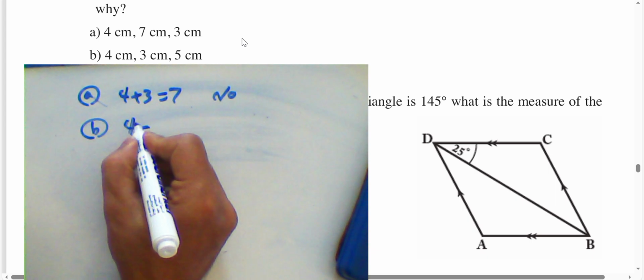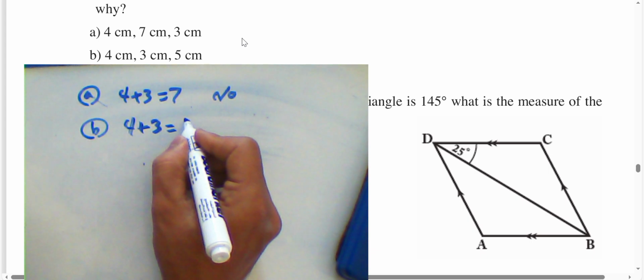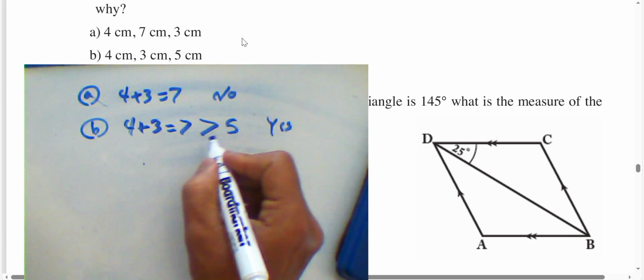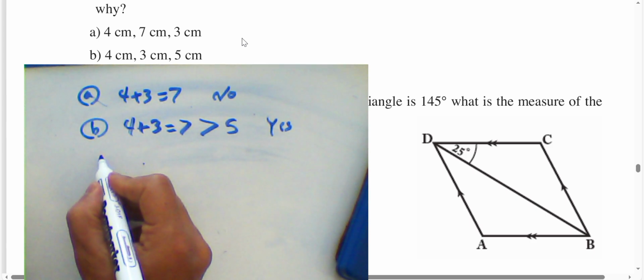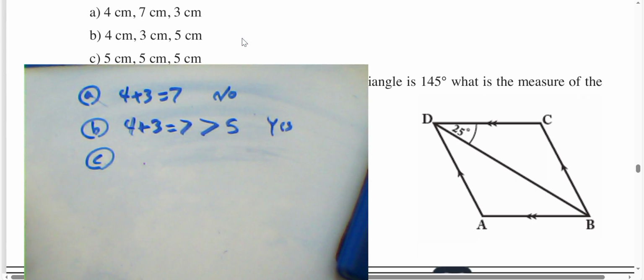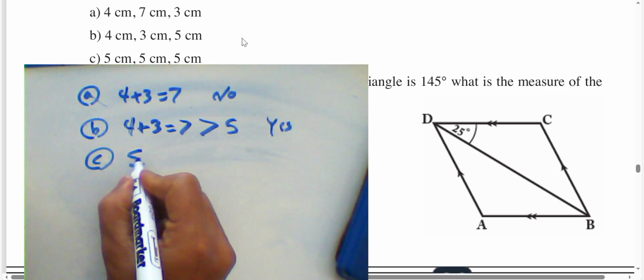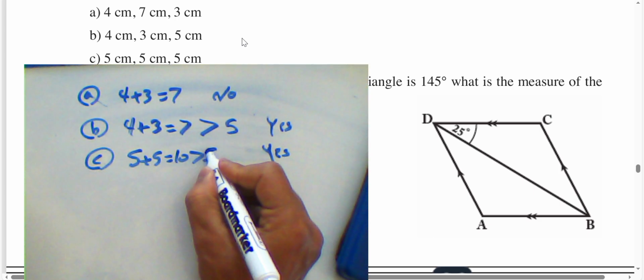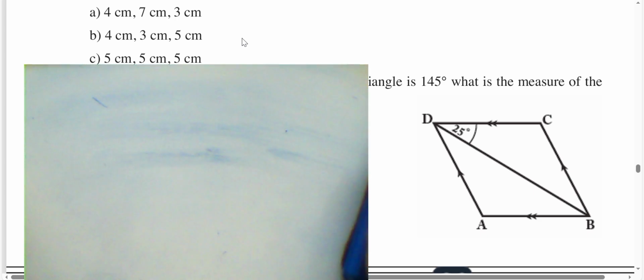We have 4 plus 3 equals 7. 7 is greater than 5. Then yes, we can draw a triangle by these sides. Letter C, 5 and 5 and 5, 5 plus 5 is 10, greater than 5. And yes, we can draw a triangle by these sides.